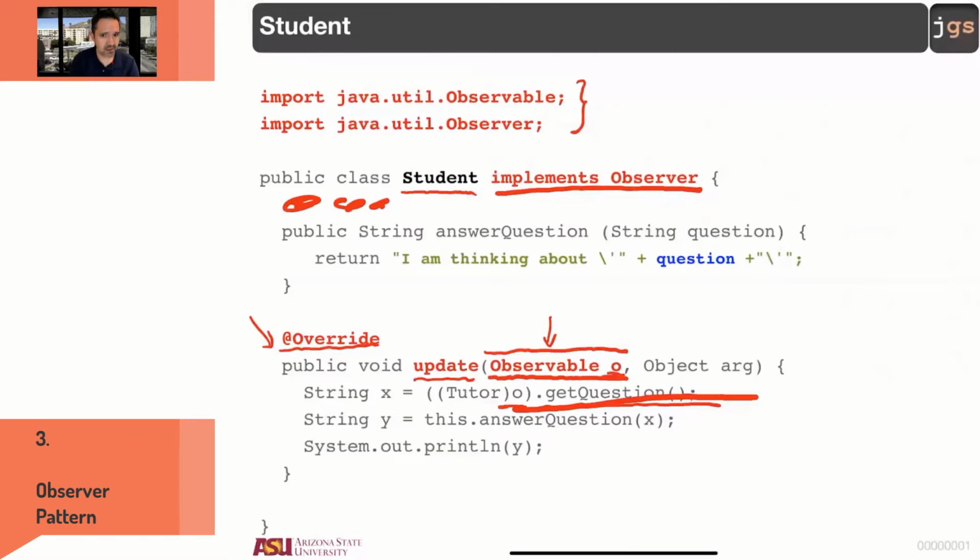So if I am going to be an observer, the only thing that I need to do is implement the observer interface and provide an update method. In that update method, I am going to receive information about who was the subject, who was the observable. If you review this, it's exactly the same that happened in your listeners.